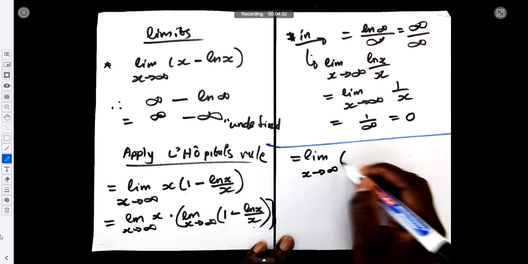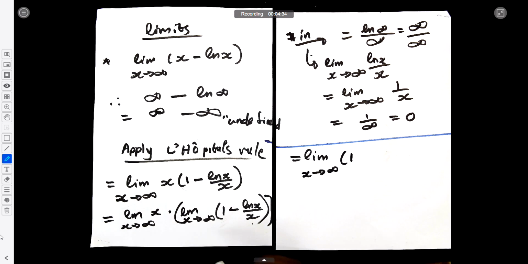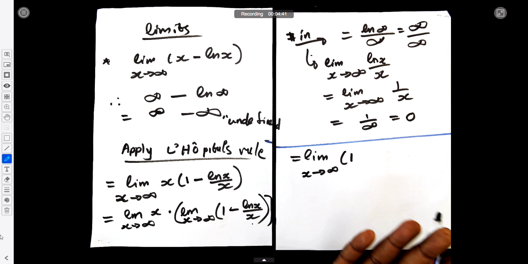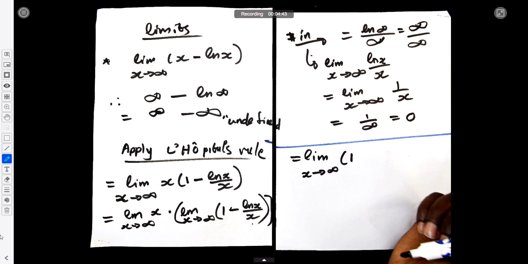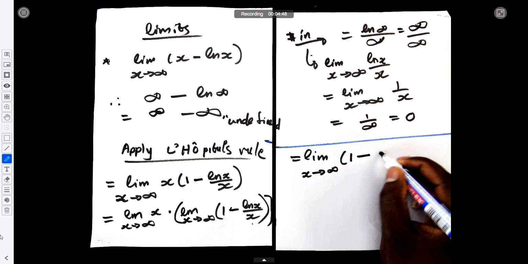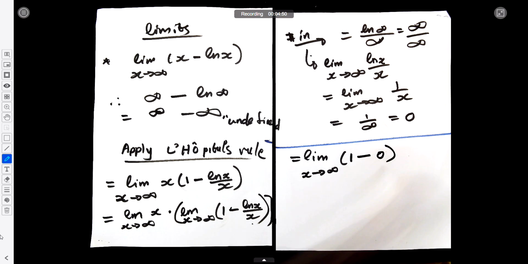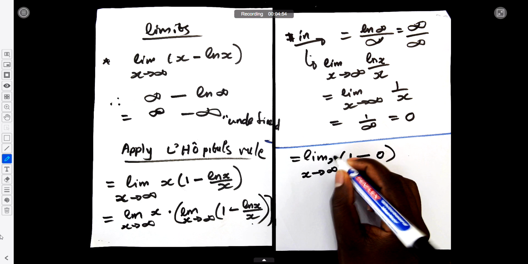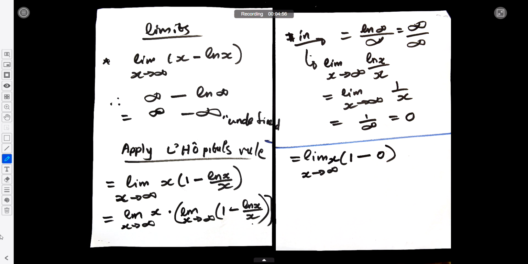For the inner part, we get 1, because it's similar to when you're differentiating using first principles: whatever you have, when you substitute the limit, it equals the constant. But we know for ln x over x, we got 0. Then still x, the x there.